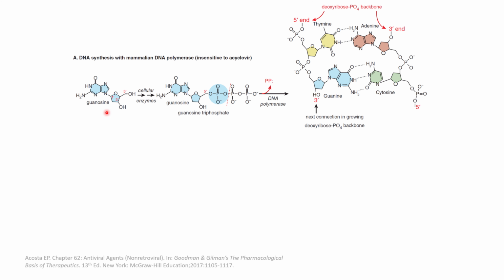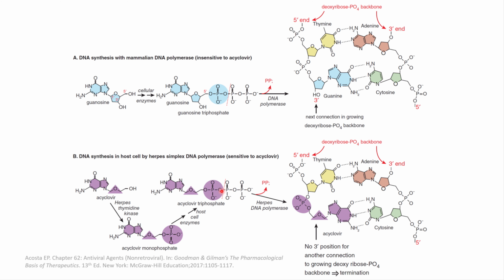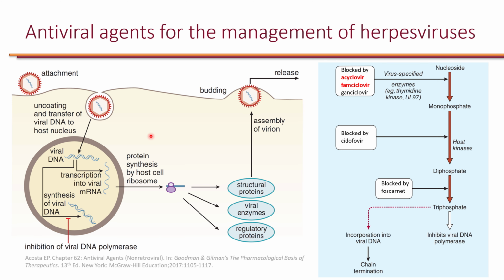Now when you have a compound that looks like guanine, the polymerase will incorporate acyclovir into the chain, but because this looks different, it's not going to be able to make the appropriate bonds that are required for the DNA. And essentially what happens is that the process of DNA synthesis will be terminated. So that's how these agents interrupt DNA synthesis.